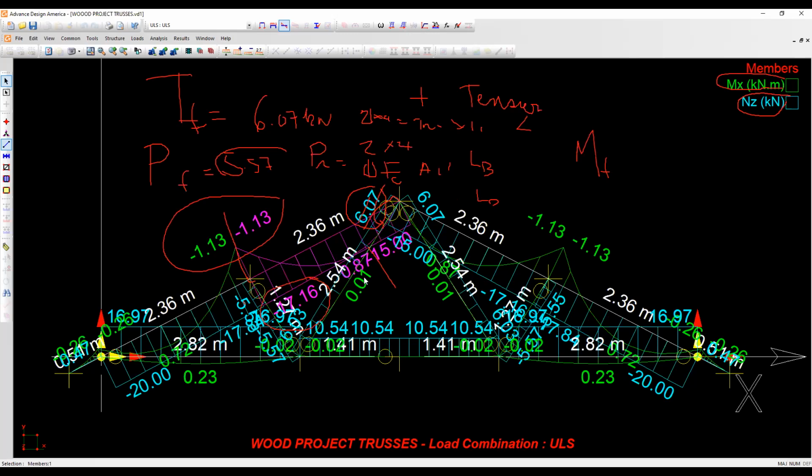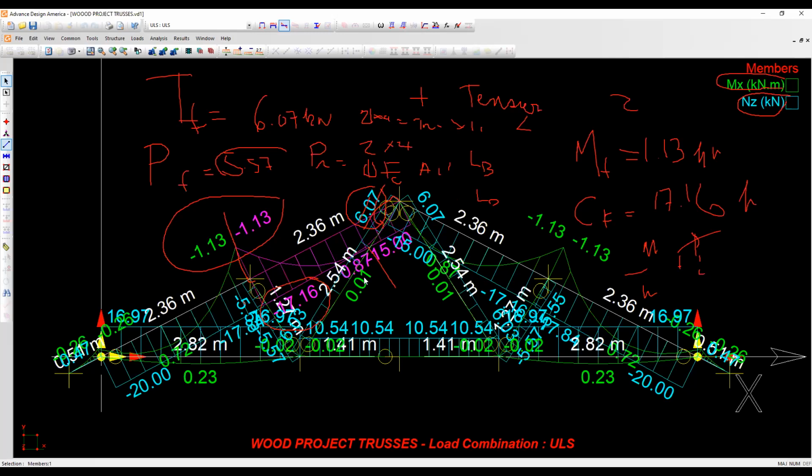So my MF value here is 1.13, and my CF value is 17.16. This is kilonewton meter, and this is kilonewton. So now I do MF over MR. I'm sorry, PF over PR, and then I check to make sure for a 2x6 that the ratio is less than 1, and then I know that I'm good for the top chord.